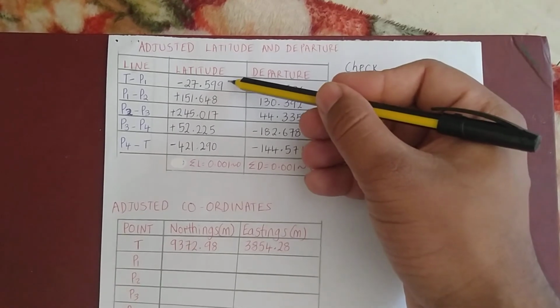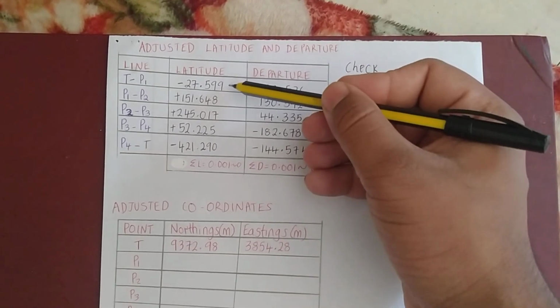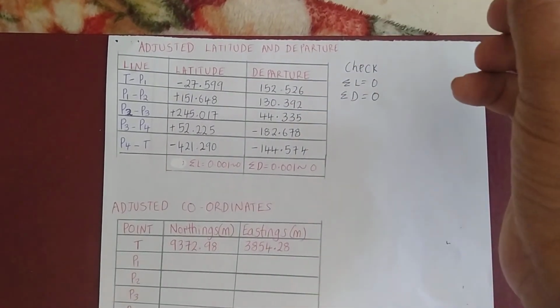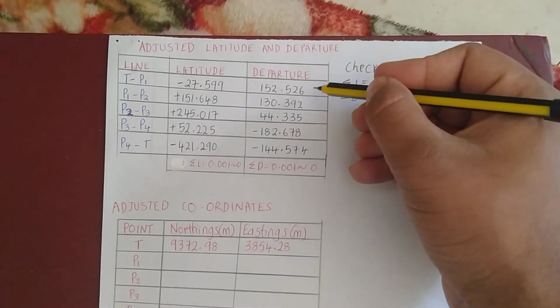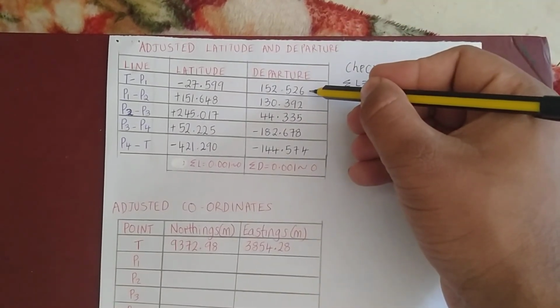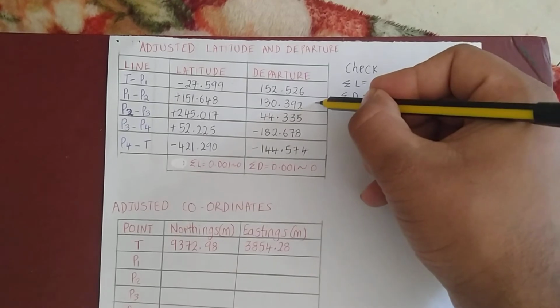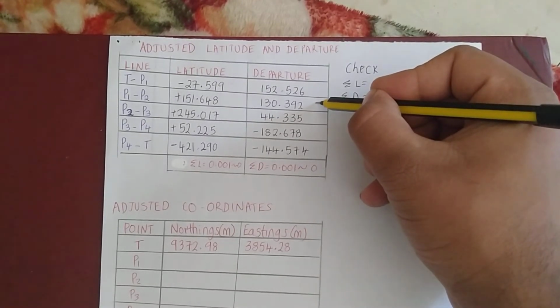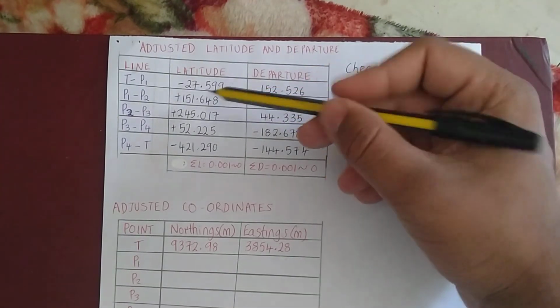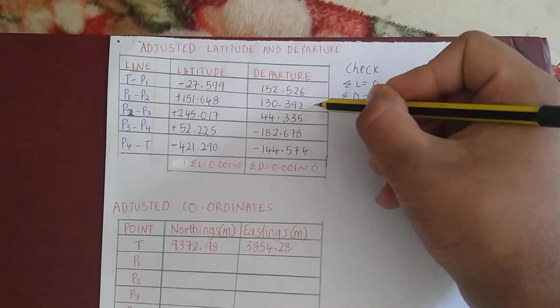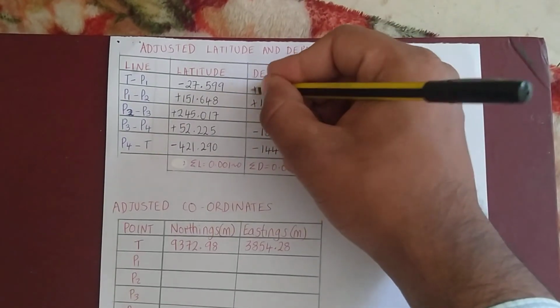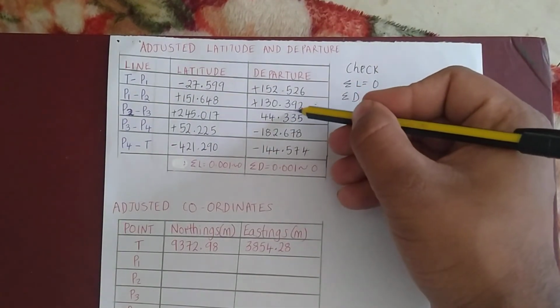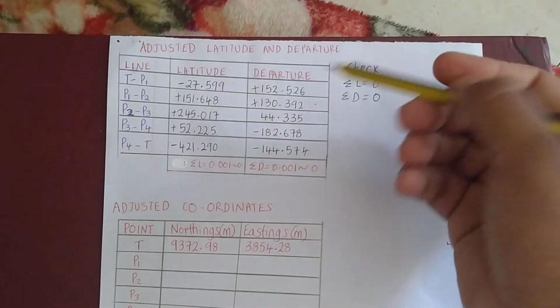You can see for line TP1, latitude I have minus 27.599 and the departure 152.526. For line P1, P2, I have a latitude of positive 151.648 and a departure of positive 130.392.